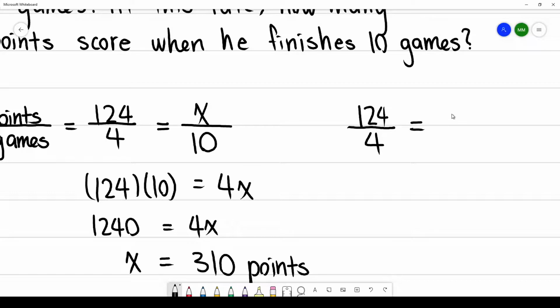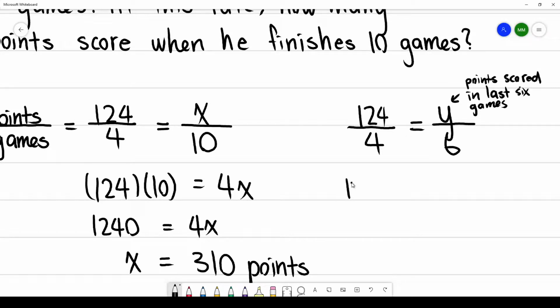But the number of points, I'll call it y now. So points scored in 6 games, and that is over 6.